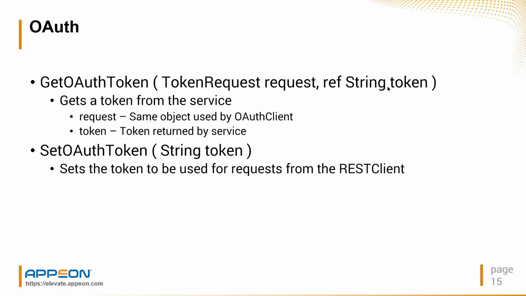That's in the case where the server has provided you with a URL that you call to get your OAuth token, and then you include that in all subsequent requests. What the set OAuth token does is it takes the REST client and says every call you make from now on, once I've passed you this OAuth token, send that in the request header.